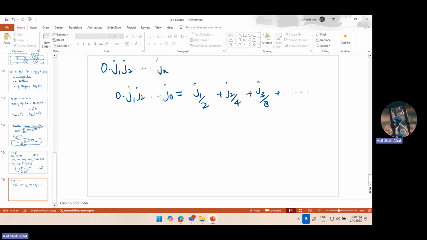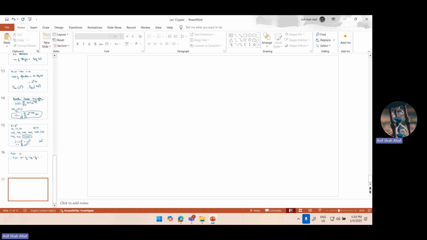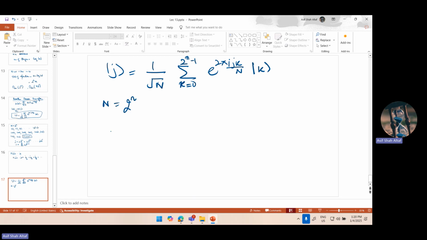Now let's try to evaluate our expression for the quantum Fourier transform. It was 1 over root n, the sum over k from 0 to n minus 1, e to the power 2 pi i jk by n. First, let's replace n by 2 to the power n.